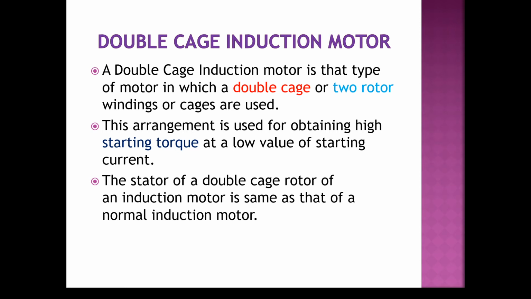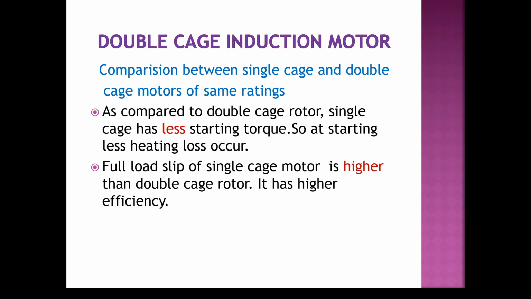Okay, now let us see the comparison between single cage and double cage motors. A single cage motor has high starting current and low starting torque, as we have already discussed.